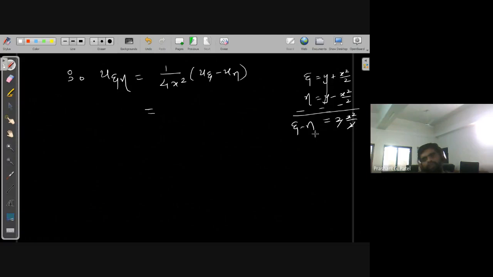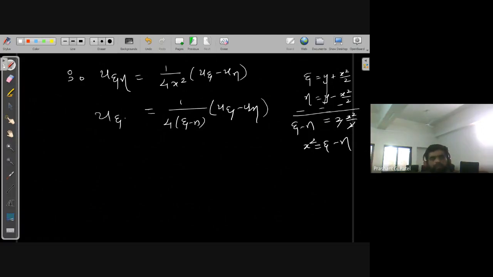So the value of x square is xi minus eta. If I substitute that value here, then we will have 4 into xi minus eta into u xi minus u eta, which is the required canonical form.